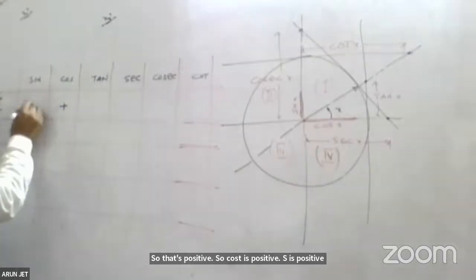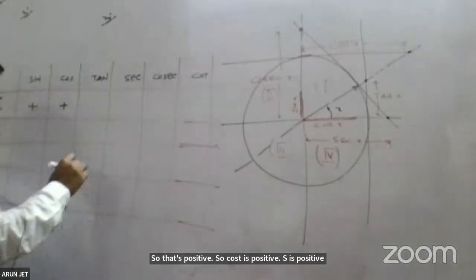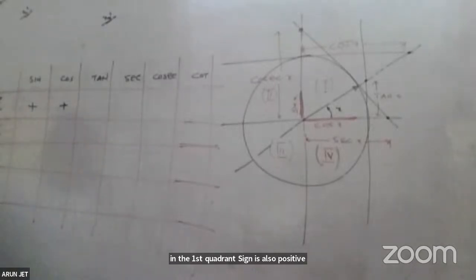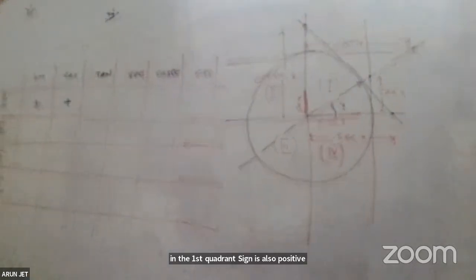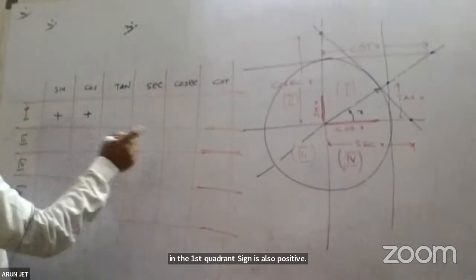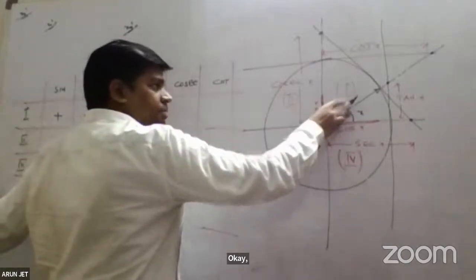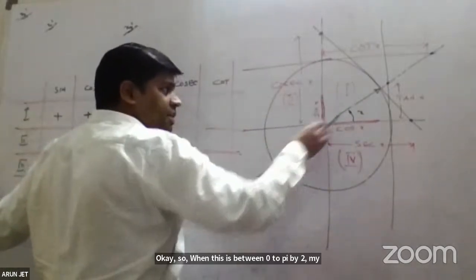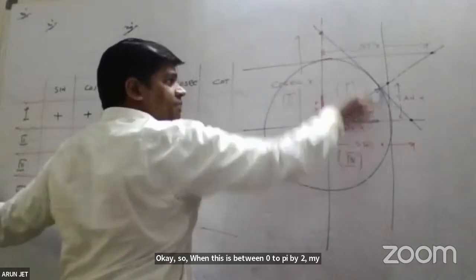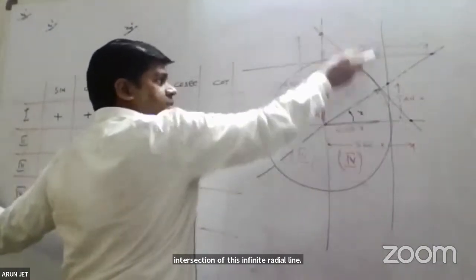Sine is also positive. Tan, how about tan? When this is between 0 to pi by 2, my intersection of this infinite radial line is above the horizontal axis.